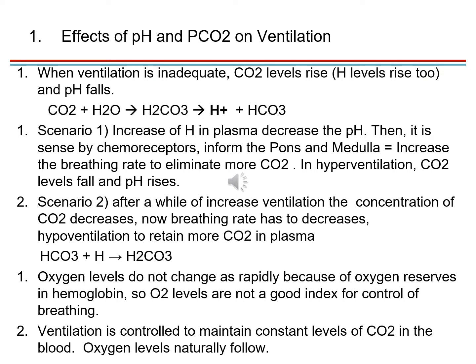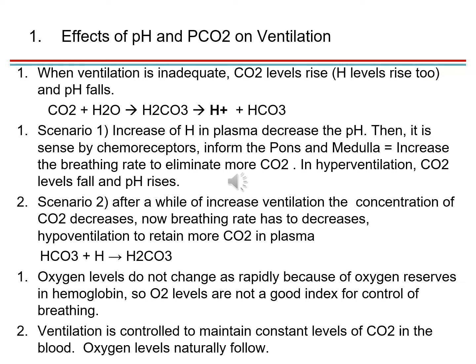In scenario number 2, on the opposite, after a while of increasing that ventilation, we get into hyperventilation, right? Not necessarily pathological, but certainly our body uses that mechanism, hyperventilation, in order to eliminate more carbon dioxide and increase the pH that was decreased.